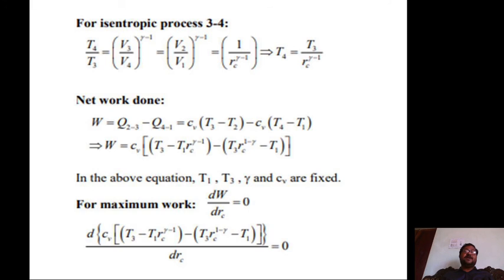After that, one important step: in the above equation, T1, T3 and gamma are fixed. For maximum work, differentiate the net work done with respect to the compression ratio Rc, and equate it to 0.